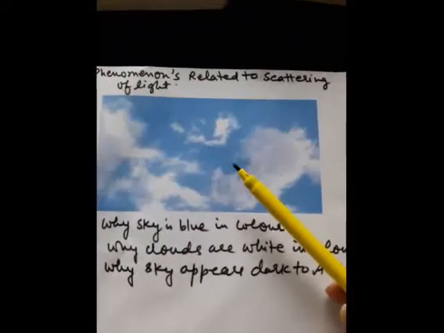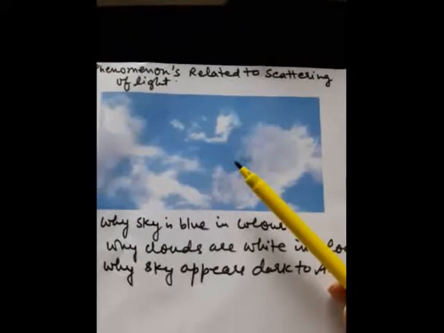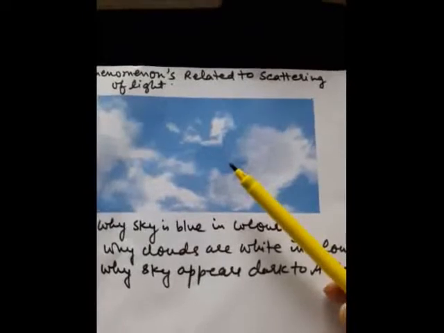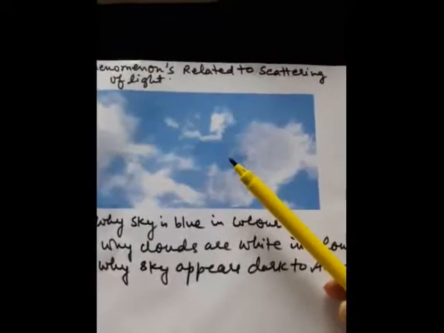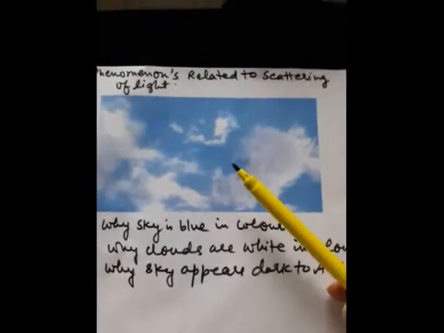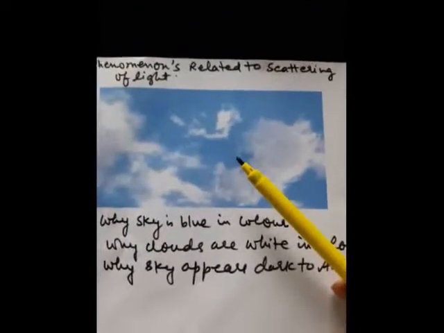So there is less violet in the light. Moreover, our eyes are less sensitive to these colors. We are more sensitive towards blue color and we see the sky blue.